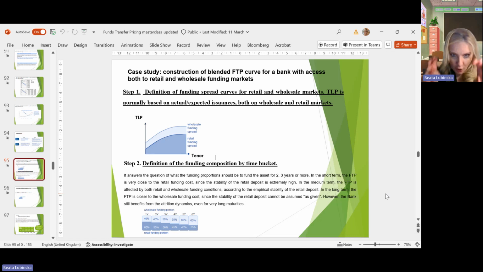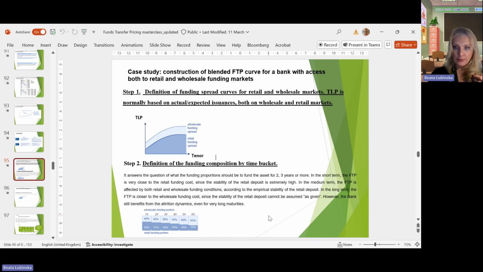You are lowering the FTP curve through this 35% of retail funding portion over 6 years, for example. So this is important if you take into account also the NMDs, because you are lowering the curve, and obviously this is fair because this is exactly how you fund your balance sheet.